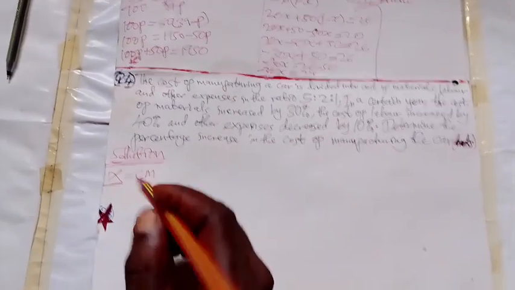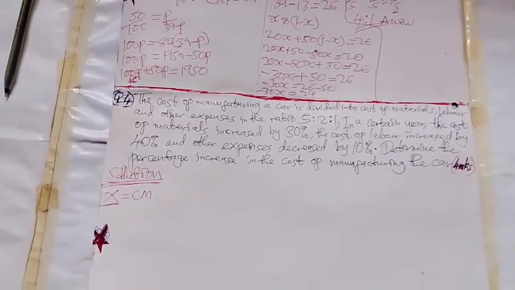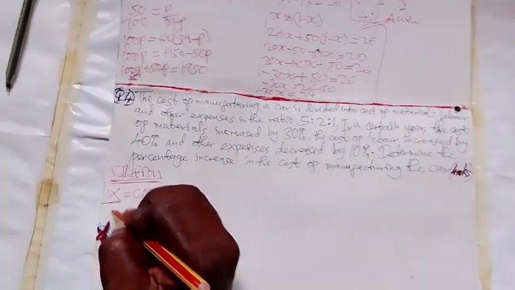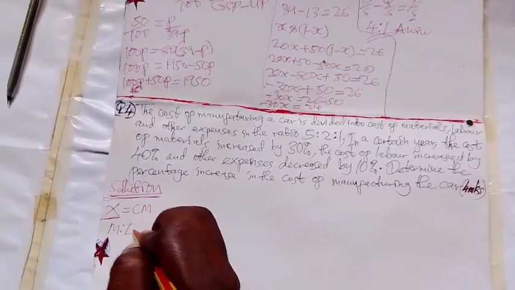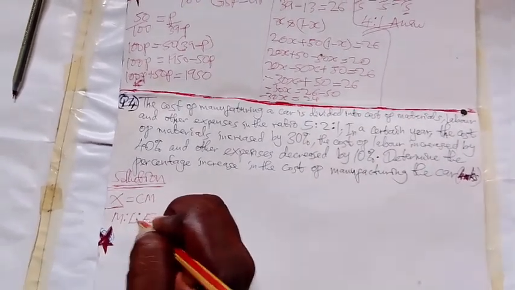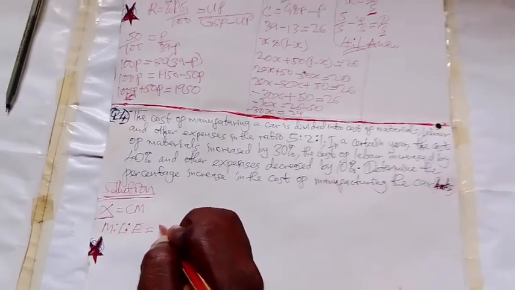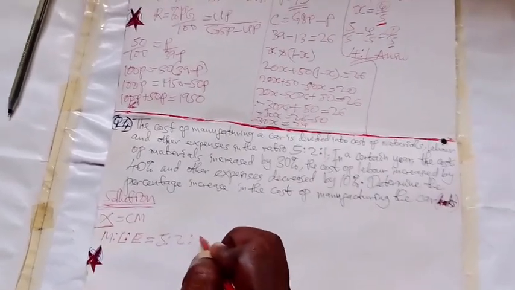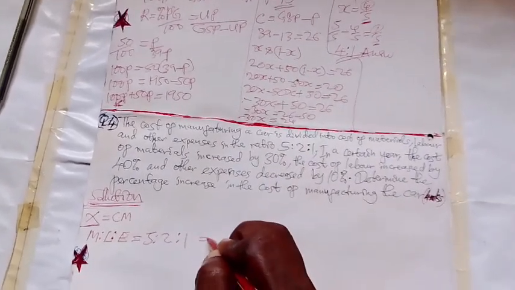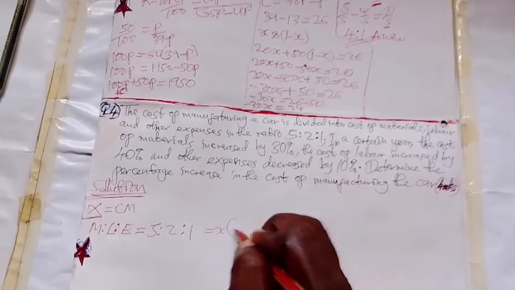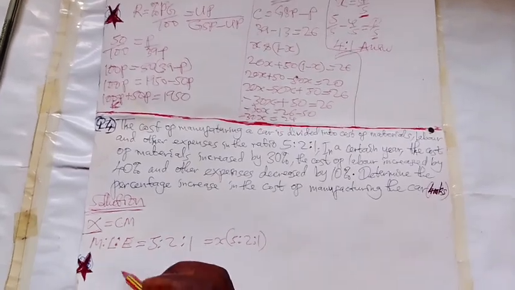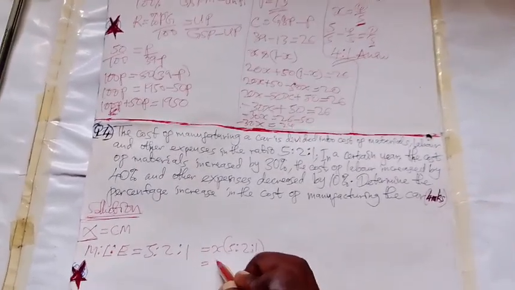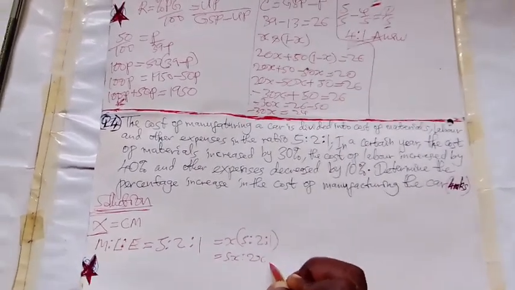Then step 2, the ratio of material, labor, and expenses can be written as M, L, E, and this can be translated as 5:2:1, which is equivalent to x times 5:2:1. Now after multiplying this, we are going to get 5x is to 2x is to x.